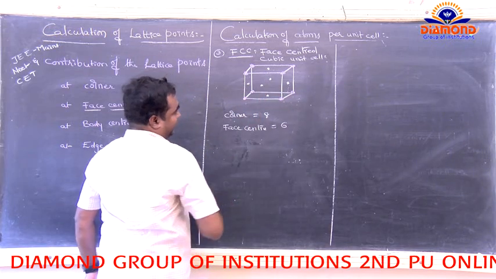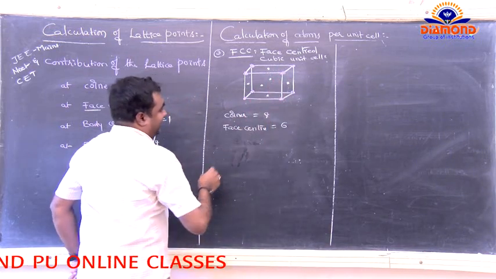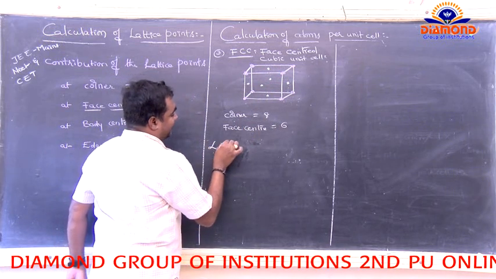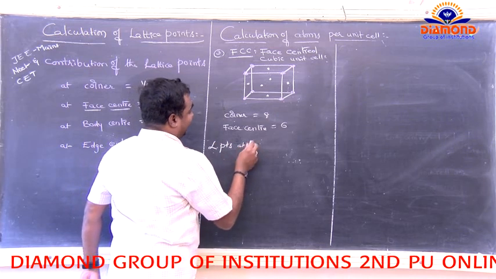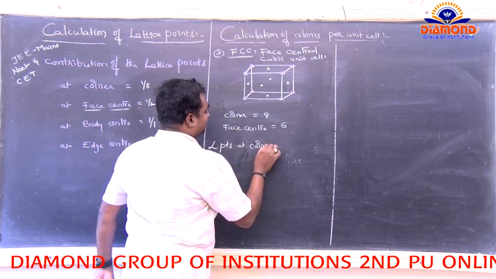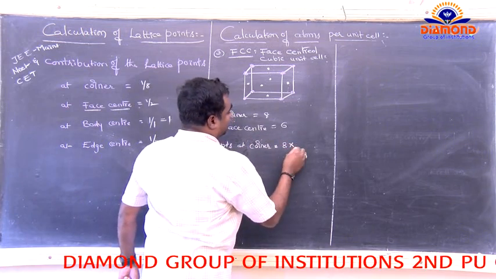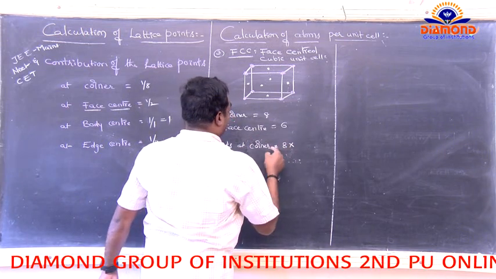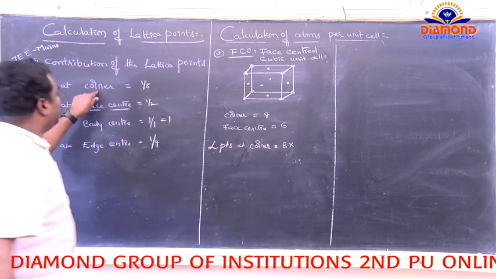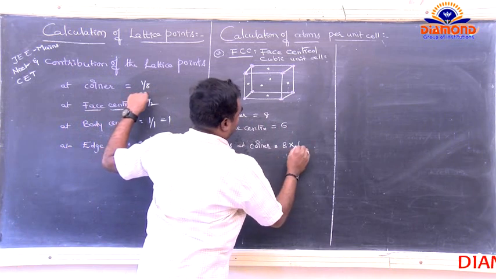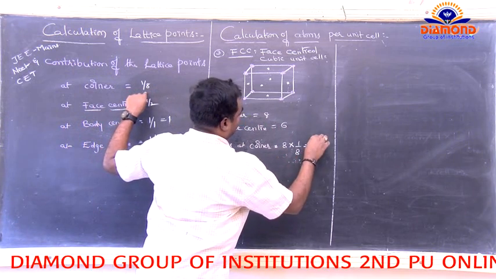Already we discussed earlier. Now here the lattice points at a corner is equal to 8 into the contribution. How much contribution is there from the corner? You got 1 by 8. So 8 into 1 by 8 is equal to 1.